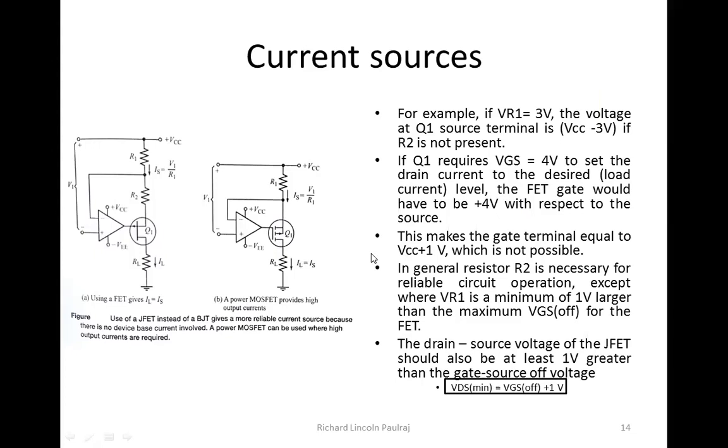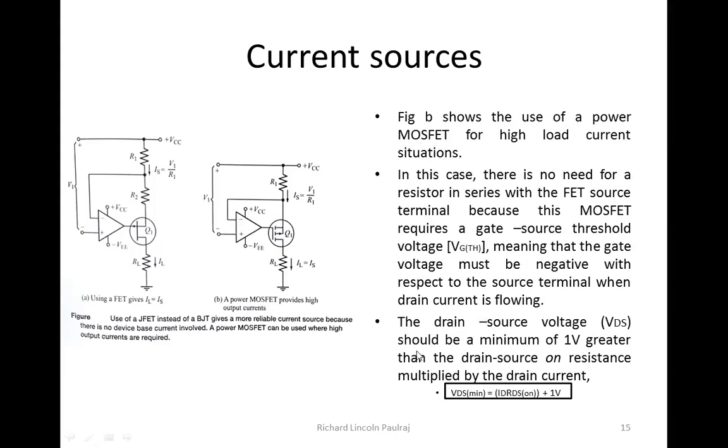We even looked at a formula with regards to the MOSFET, and how or why we should give this +1 volt. It should not go beyond this value. Only then can we make sure that VDS minimum is maintained.